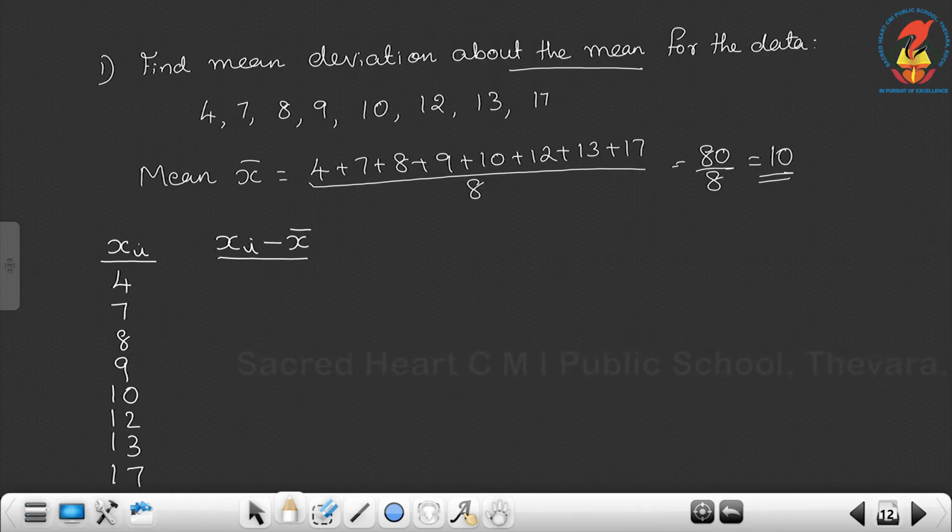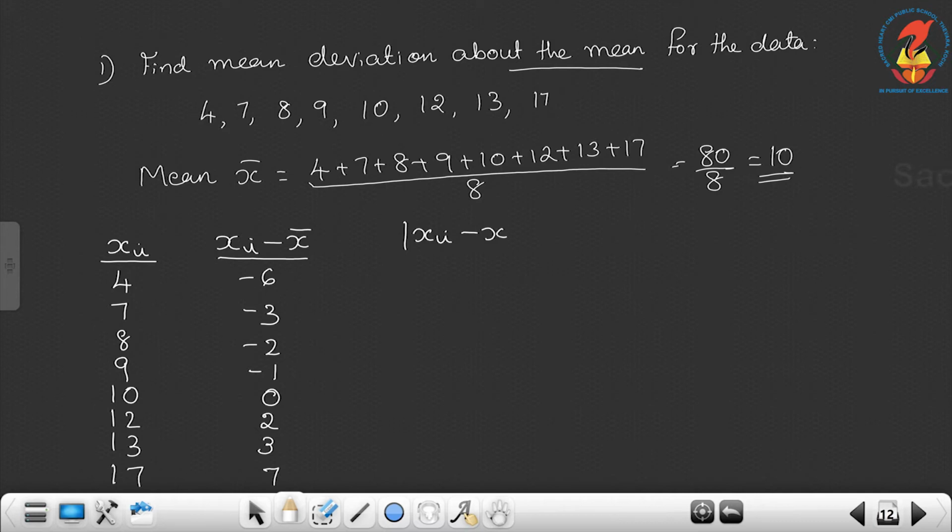So 4 minus 10 is minus 6, 7 minus 10 is minus 3, 8 minus 10 is minus 2, 9 minus 10 is minus 1, 10 minus 10 is 0, 12 minus 10 is 2, 13 minus 10 is 3, 17 minus 10 is 7. Find the absolute value.